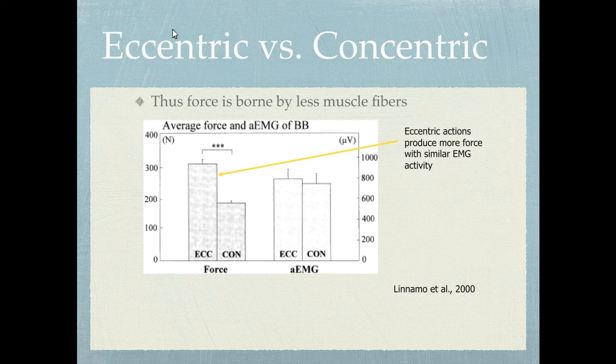And this is because on an eccentric contraction, a lot of the force is borne by the passive tissues in the cytoskeletal network. So you're recruiting less muscle but can generate more force, so the force is borne by fewer muscle fibers, and hence greater skeletal muscle damage.